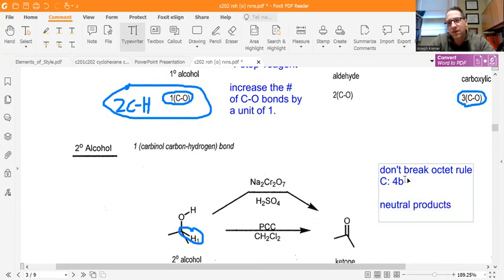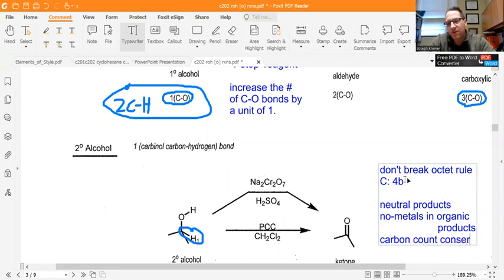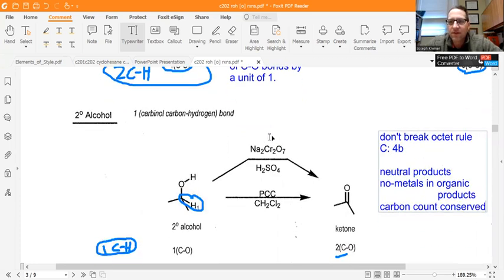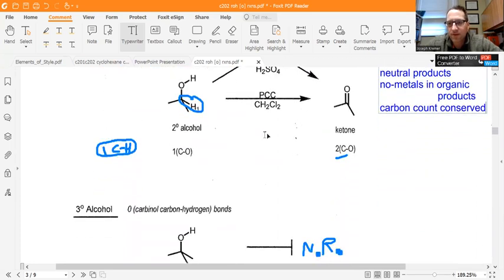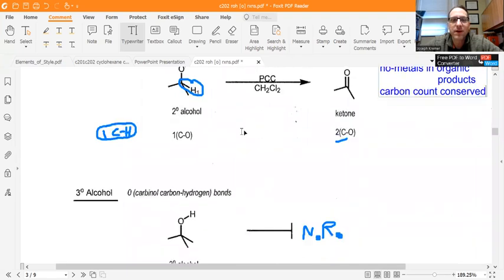Neutral products. No metal products. Do you see any organic products with any chromium in them? Nope. No metals in organic products. So we don't want that. You have to have carbon count conservation. If you start with 6 carbon atoms, you should end with 6 carbon atoms. So these are the things we're thinking as we start to concern ourselves with practical natures of these matters.